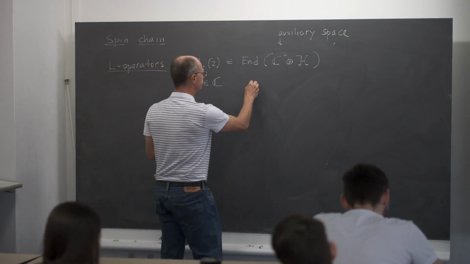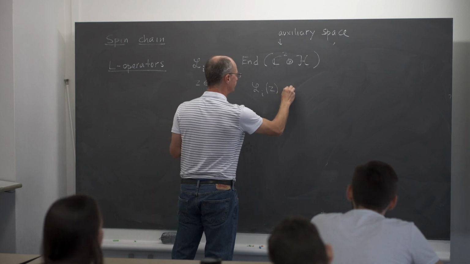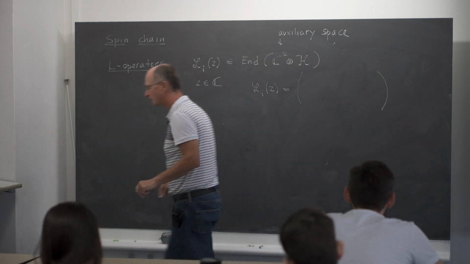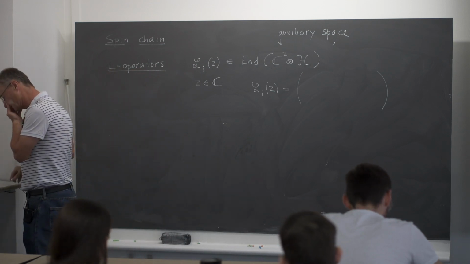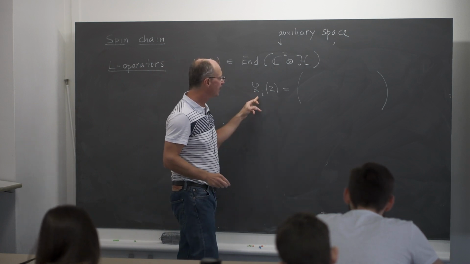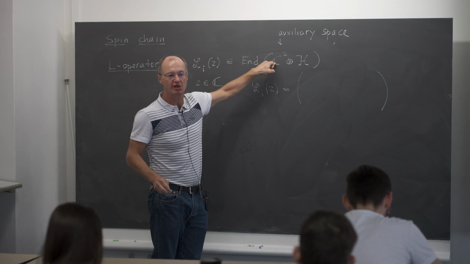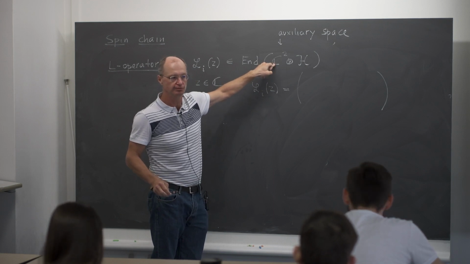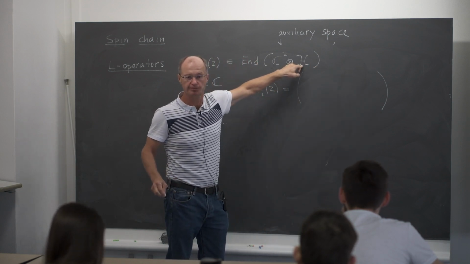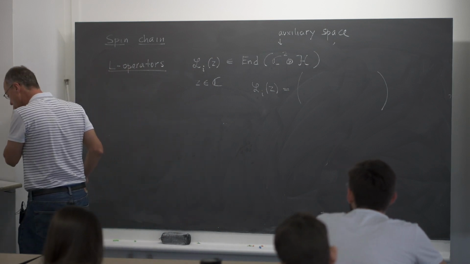Now, L_i will be given by an explicit formula, and I will write it as a 2 by 2 matrix. That's the 2 by 2 matrix acting on this C2, so the entries will be operators acting on H. Let me try to do it.